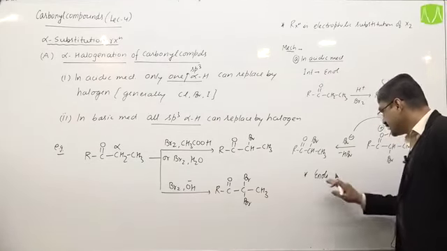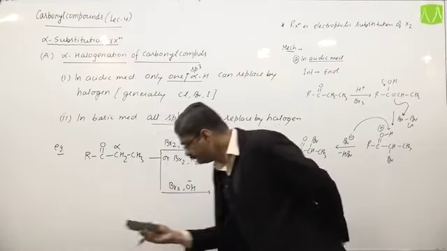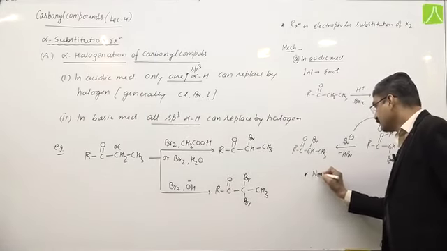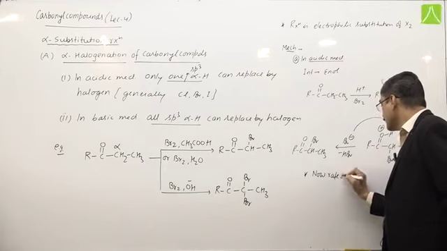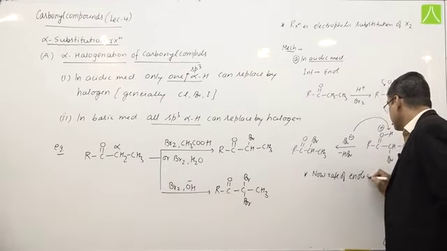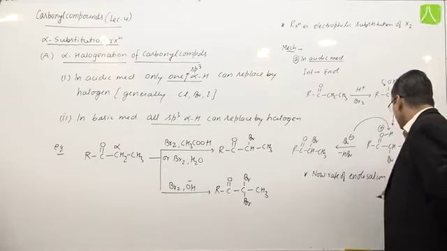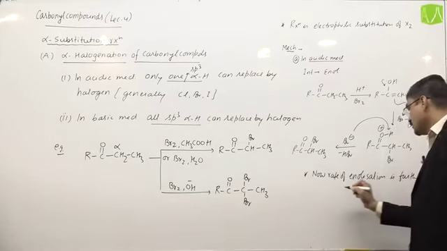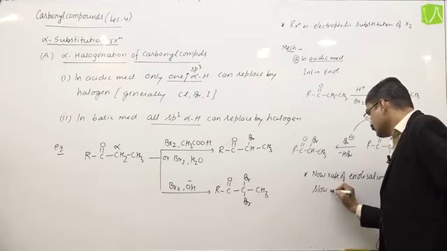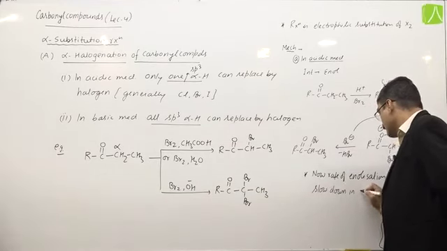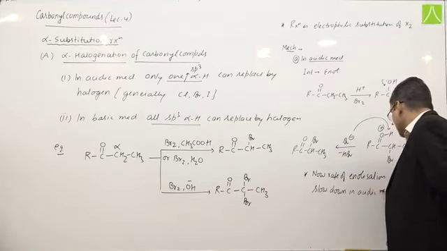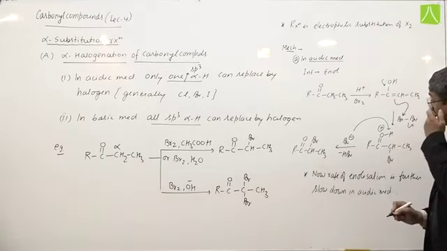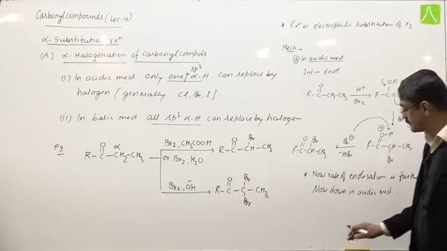The rate of enolization is further slowed down in acidic medium. So only one halogenation takes place.